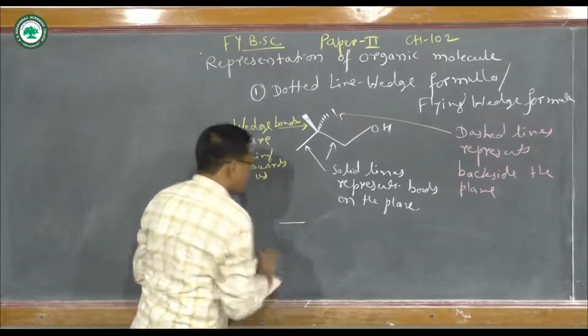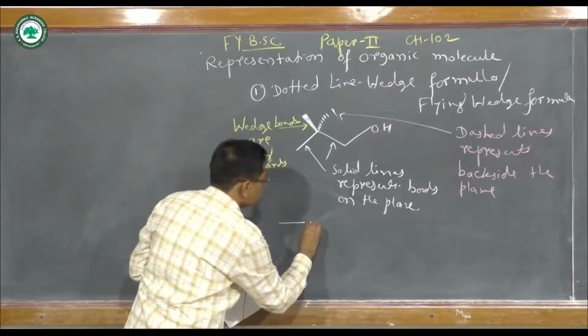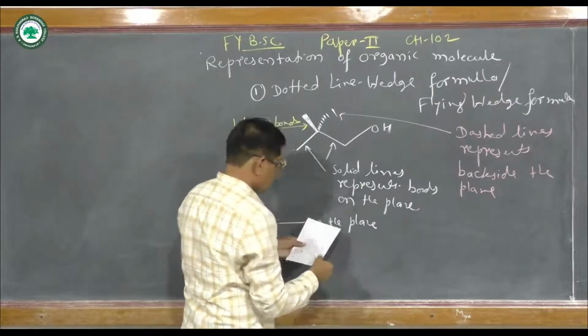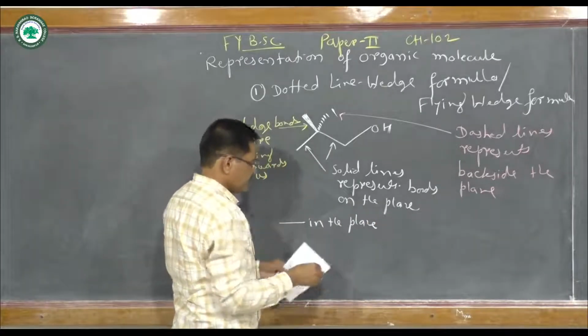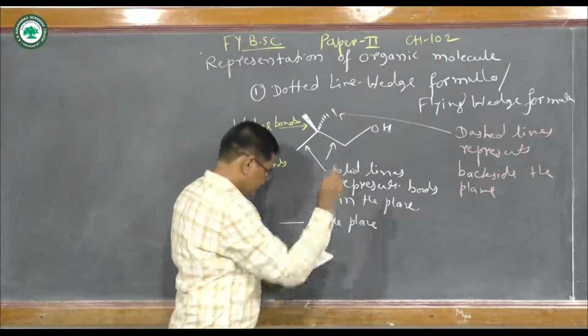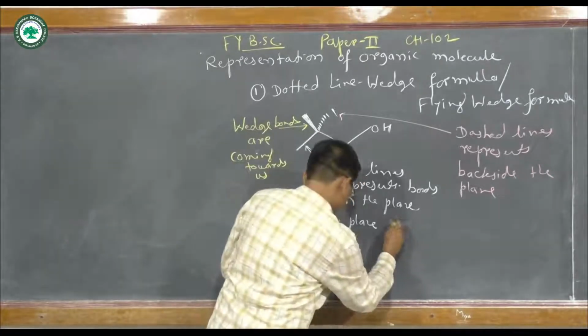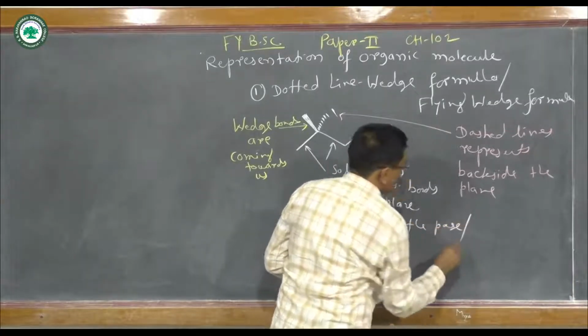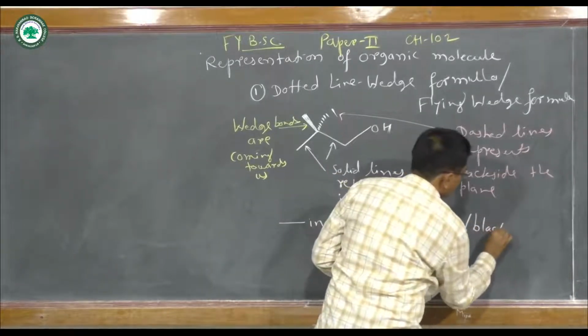Now we will rewrite this. A solid line represents a bond in the plane of the page or blackboard.